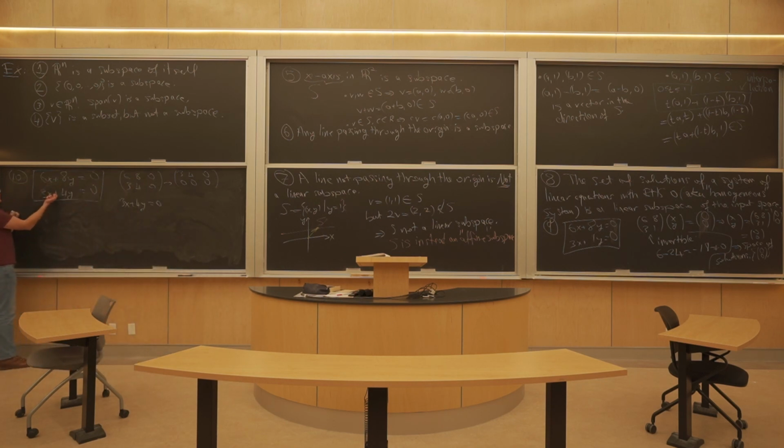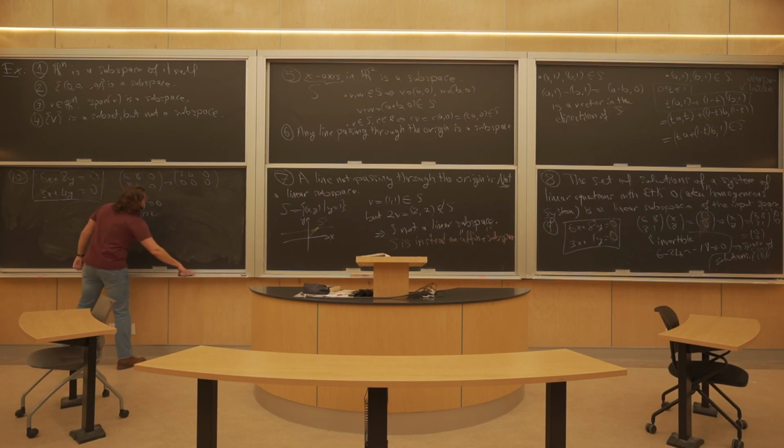We ended up with the same thing, of course, because the first row is nothing but twice the second row. There's nothing super complicated going on here. But what can I do further? I can say, for instance, here, because this is the pivot entry, I'm going to think of the second variable as a free variable. So really what I want to write is something like this. 3x equals 4y, 3x plus 4y equals 0, and y is free.